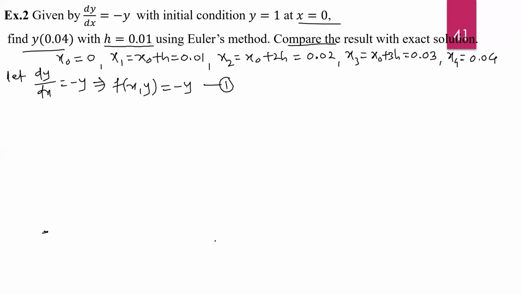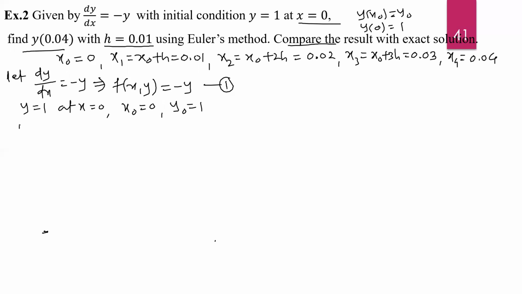Now the initial condition is y equal to 1 at x equal to 0. It means x naught is 0 and y naught is 1. This is also written as y of x naught is equal to y naught, that is, y of 0 is equal to 1.